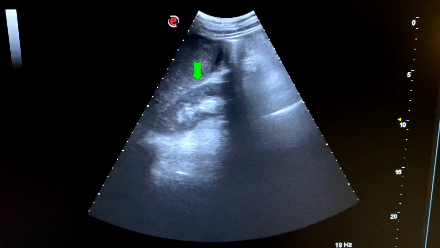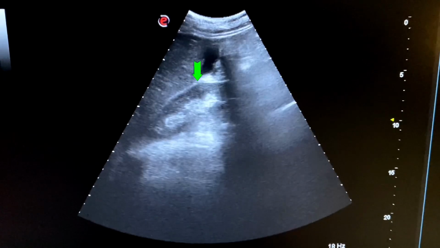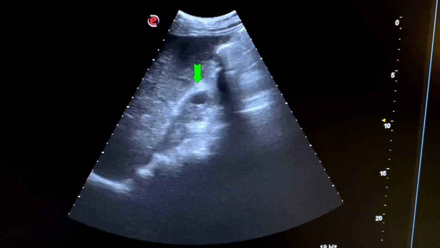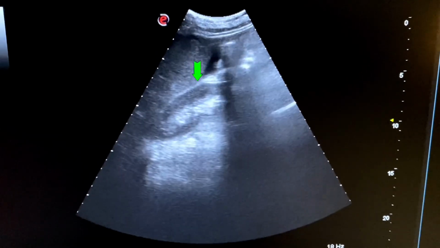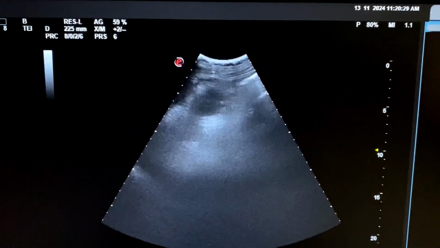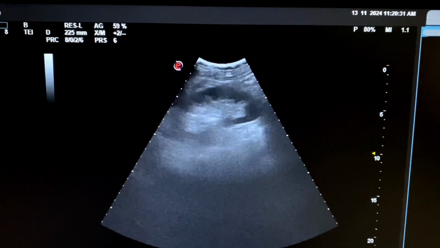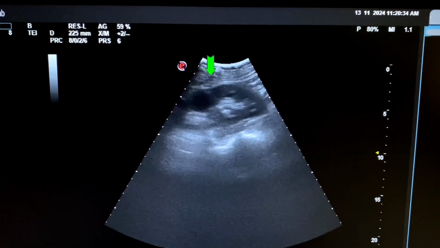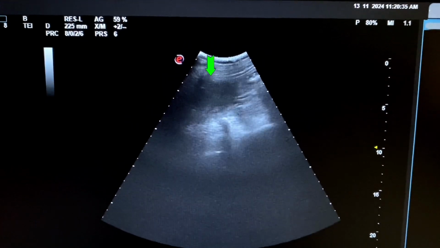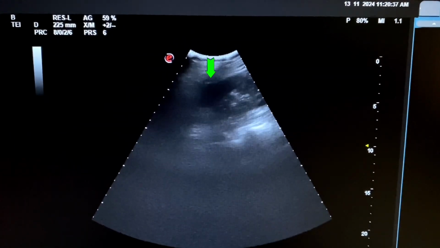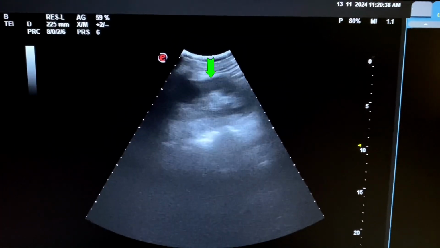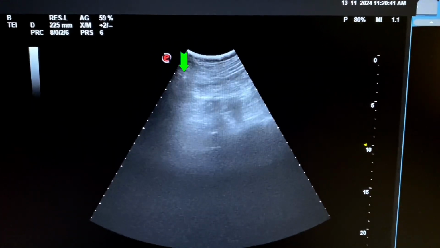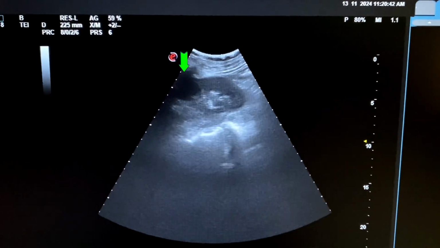Now we scan the right kidney. The texture of the kidney is normal and no stone or mass is seen. And this is the left kidney, which shows normal texture of cortex and medulla. But here we see a well-defined cyst in the cortex.